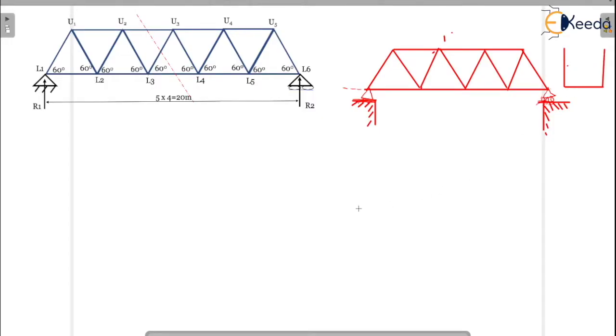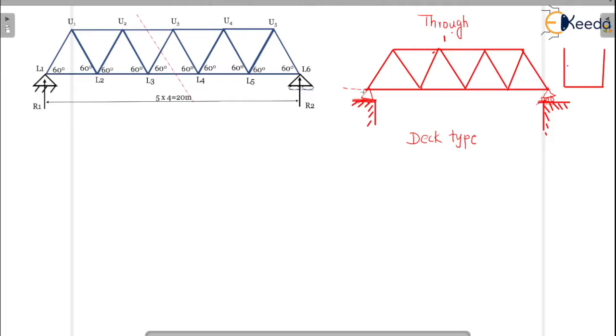Now a typical deck type truss. This is a through type truss, and then there is a deck type truss. You may call it the opposite of a through truss.